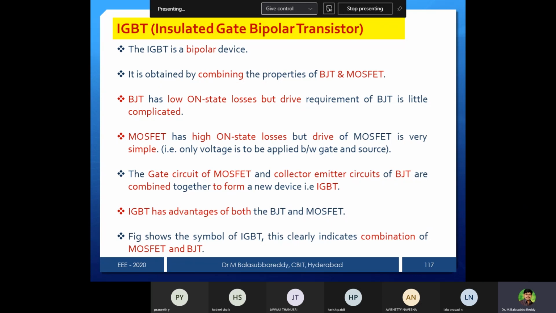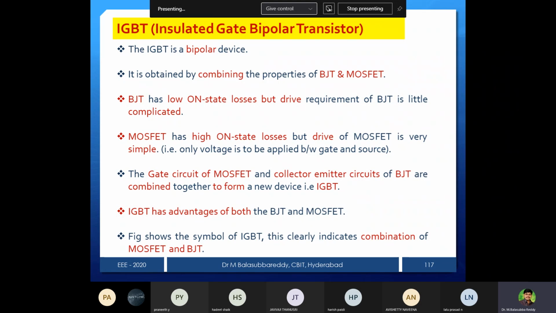So they have their own advantages and disadvantages. That's why we make use of the advantages of BJT and MOSFET and bring a new device, the IGBT.